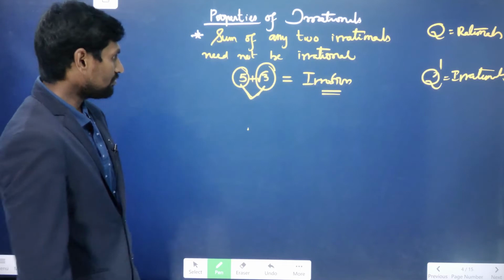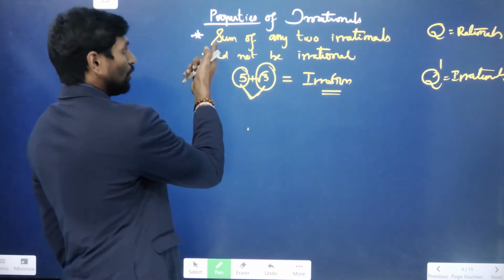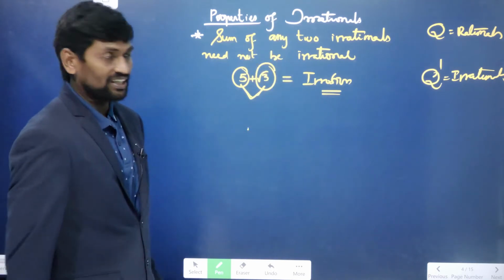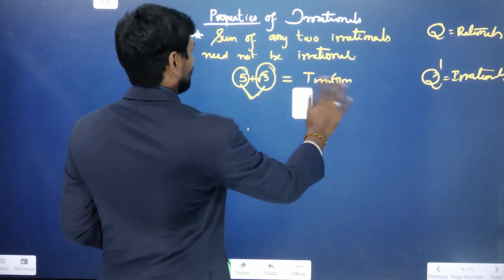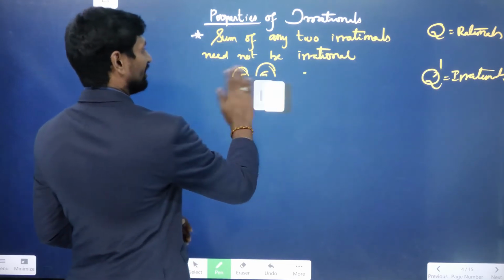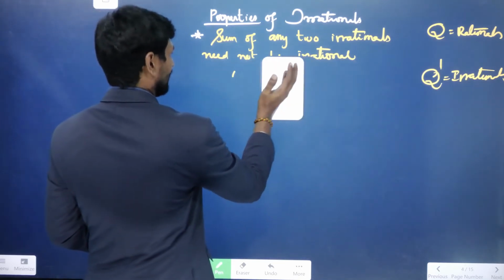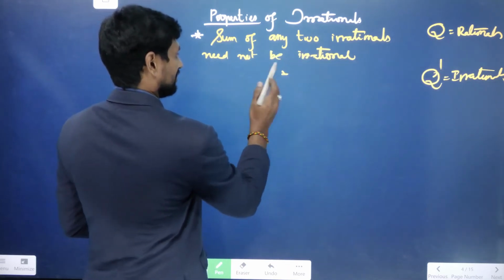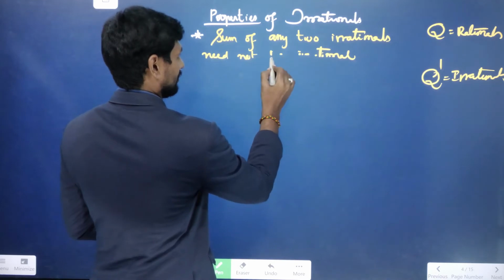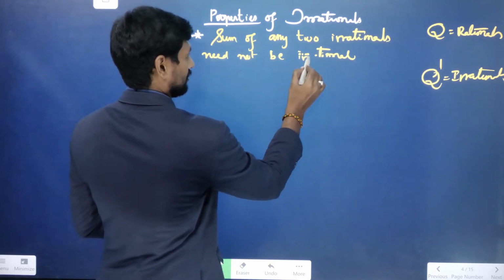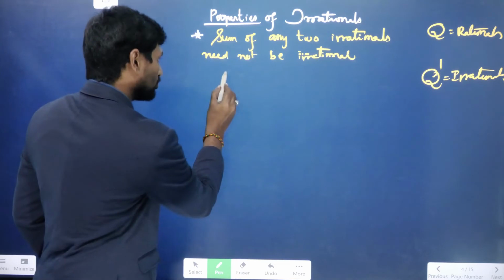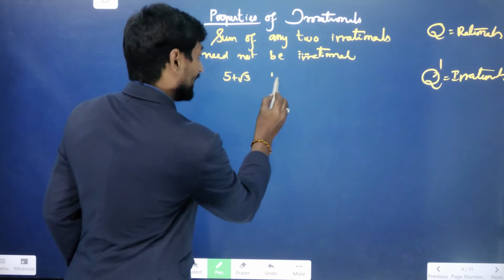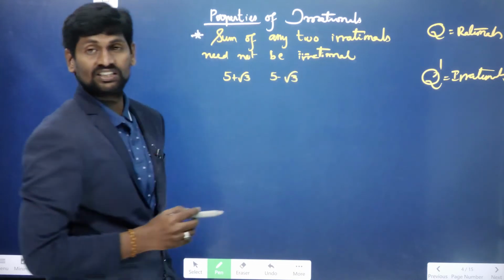Okay? So what is the first condition I have given? The sum of any two irrational numbers need not be irrational. I have taken 5 plus root 3 as one of the irrational numbers. 5 minus root 3 is also an irrational number.